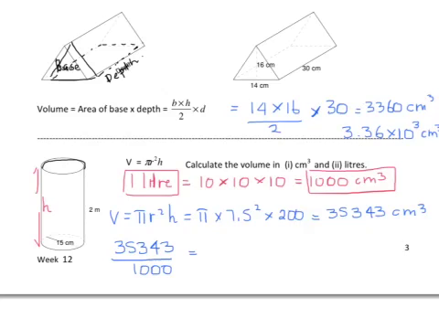So that means moving the decimal point back 1, 2, 3 places. So it'll become 35.343. Now round that off to 3 significant figures, and we'll have 35.3 litres.